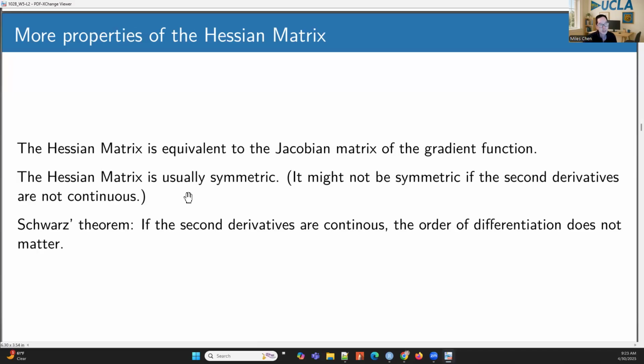Okay. And then there's a theorem, Schwarz's theorem, and that is if the second derivatives indeed are continuous, then the order of differentiation doesn't matter.